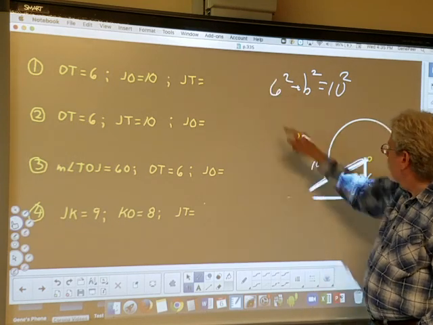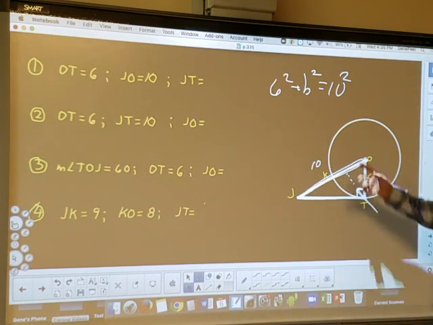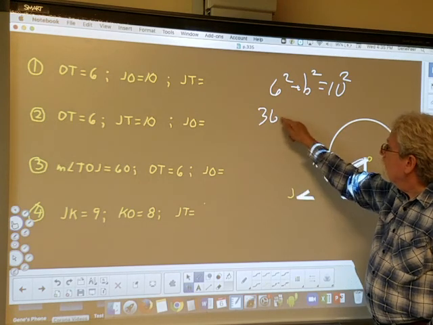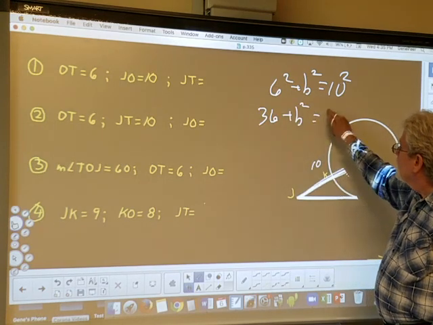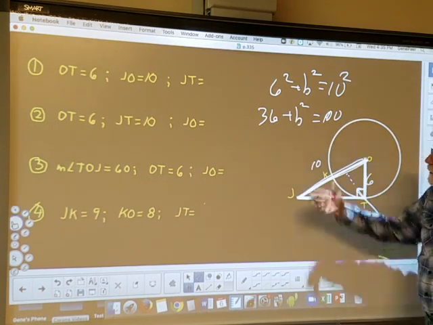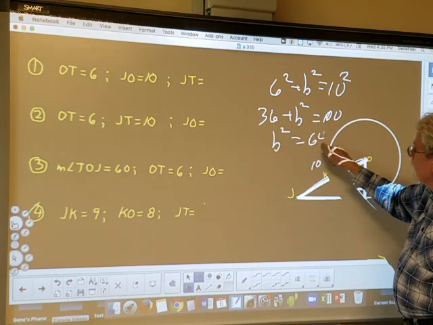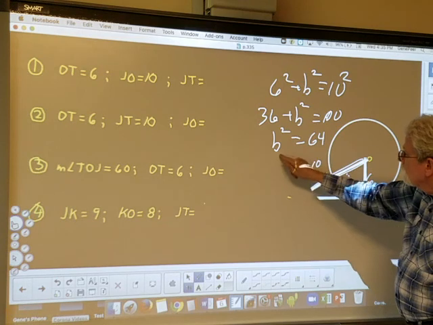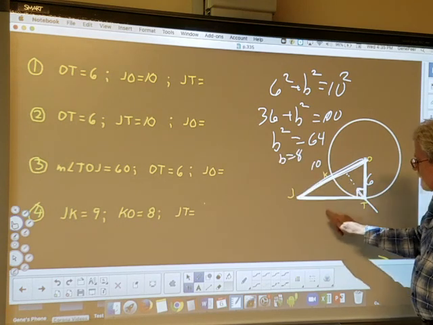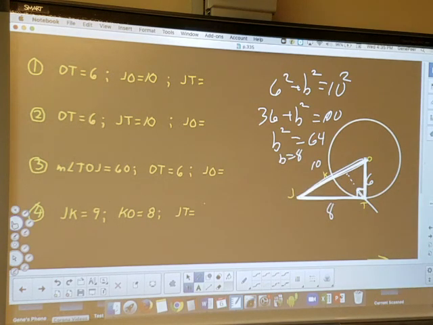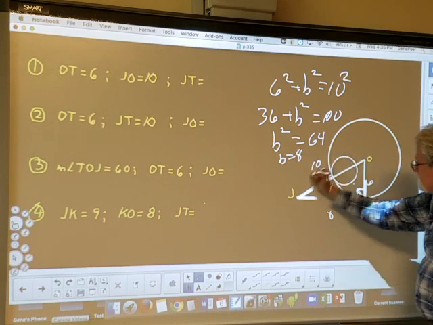We'll put the 6 there. Now we solve. 36 plus B squared equals 100. Subtract 36. B squared is 64. Take the square root. B is 8. All right, let's move on.